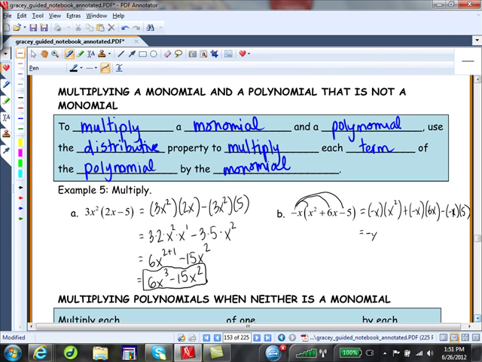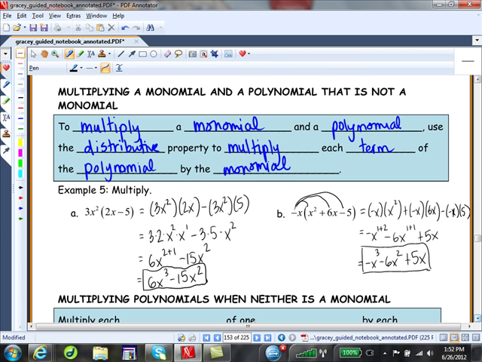So we will get negative x to the 1 plus 2 minus 6x to the 1 plus 1. Minus a minus is plus 5x. We put the coefficient first. So now this will be negative x cubed minus 6x squared plus 5x, and we're all done. How'd you do? Awesome. Be careful of the negatives.